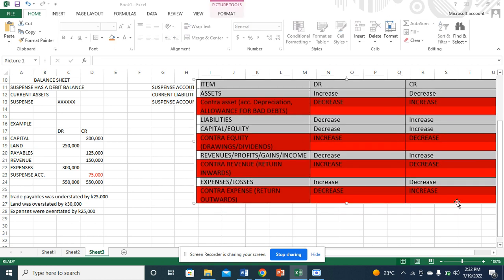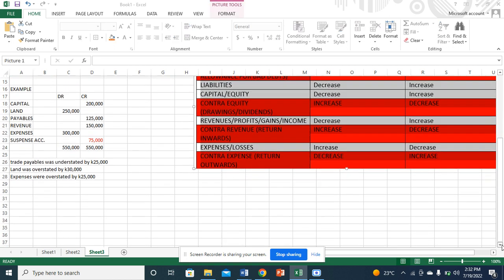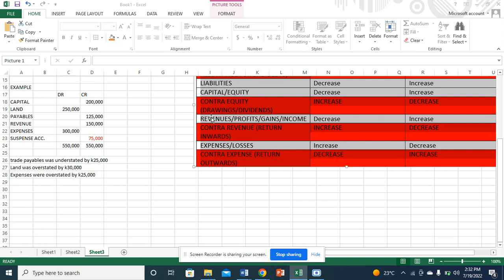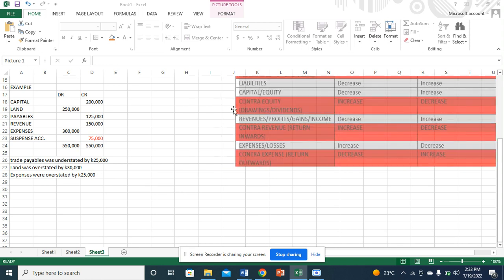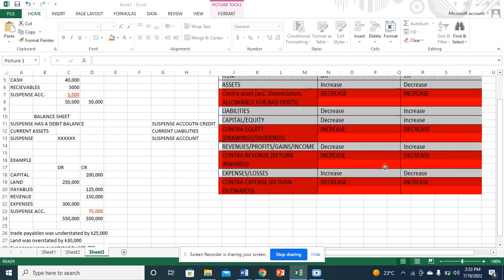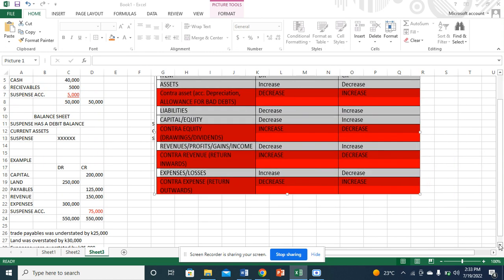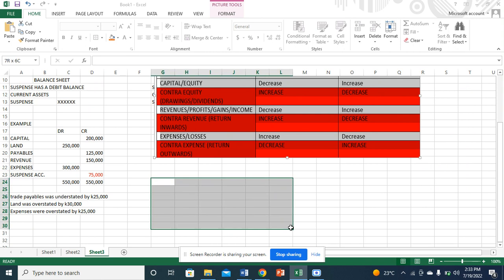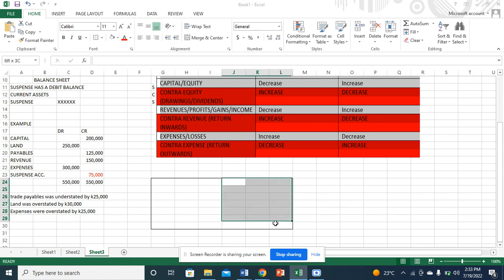Oh, and we also have to open the suspense account. So from the trial balance, we know that our suspense account is going to have a credit balance.